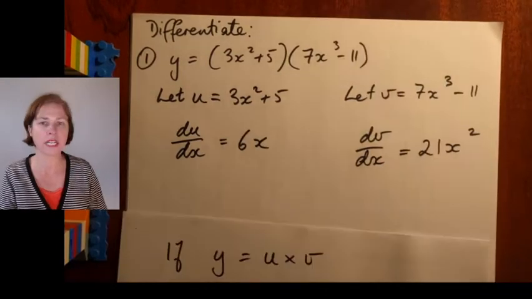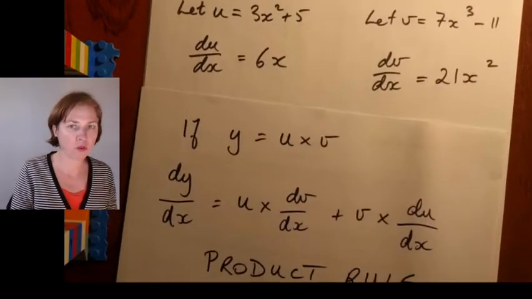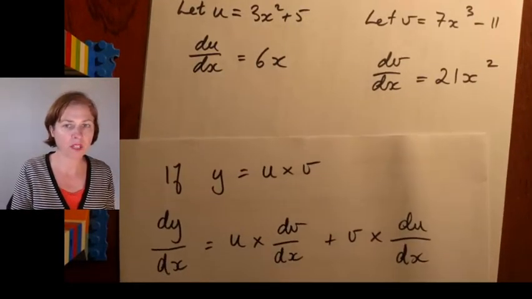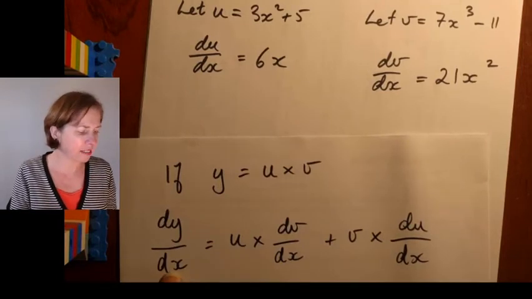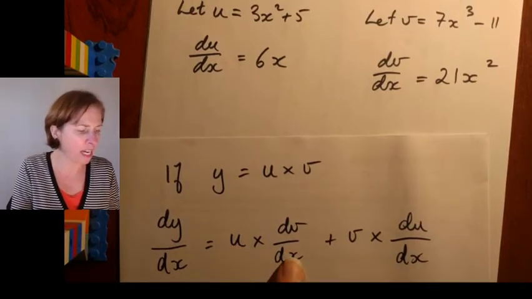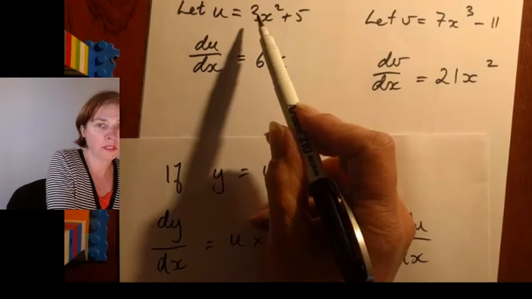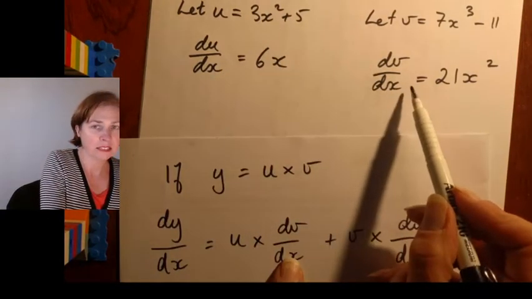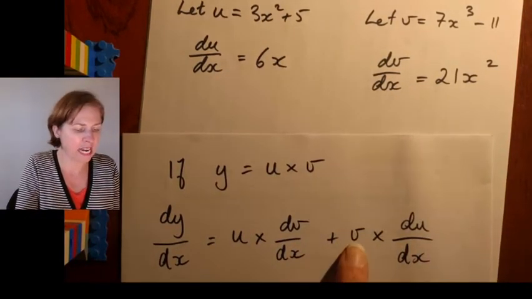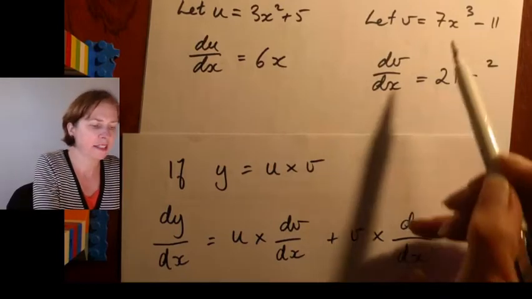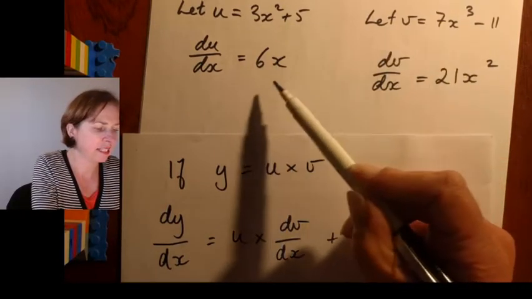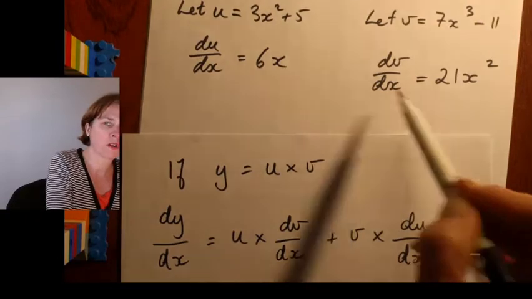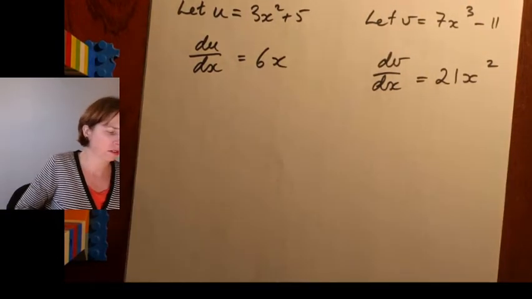So let's remember what it is. Let's make some room here. Dy dx is going to be u times dv dx, that's u, and that's dv dx, plus v times du dx, that's v, and that's du dx. So I'm sort of multiplying these across.